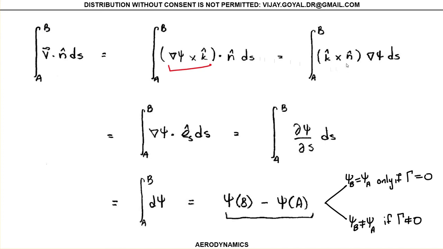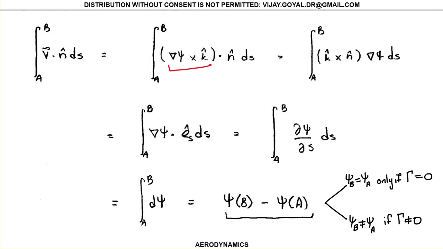You take the cross product with that, and this gives you es, and this is equal to ds. At the end of the day, you get this, and you can see that this is going to be equal to this if your circulation is zero. Otherwise it's going to be multi-valued. This is just a proof that you indeed get the same answer as your potential flow.